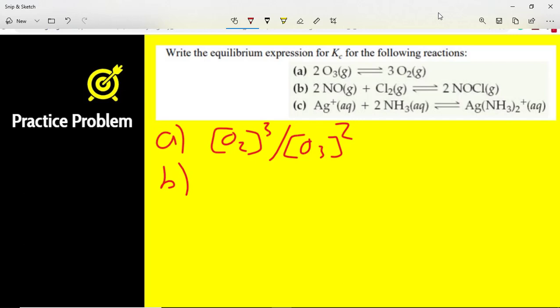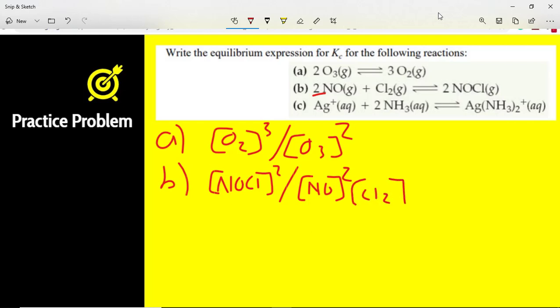Again, concentration of your product. We're going to square that because it has a coefficient of 2. NO. Again, we're going to put a 2 there because that's the coefficient. And chlorine as well. All right, last one here.